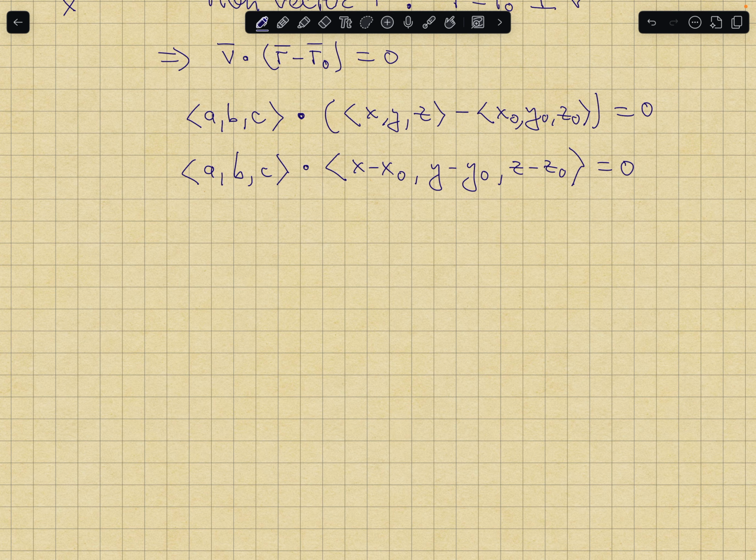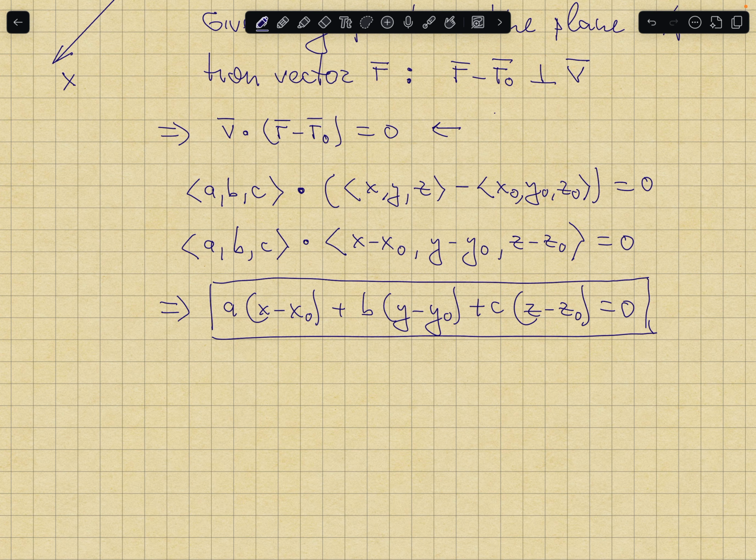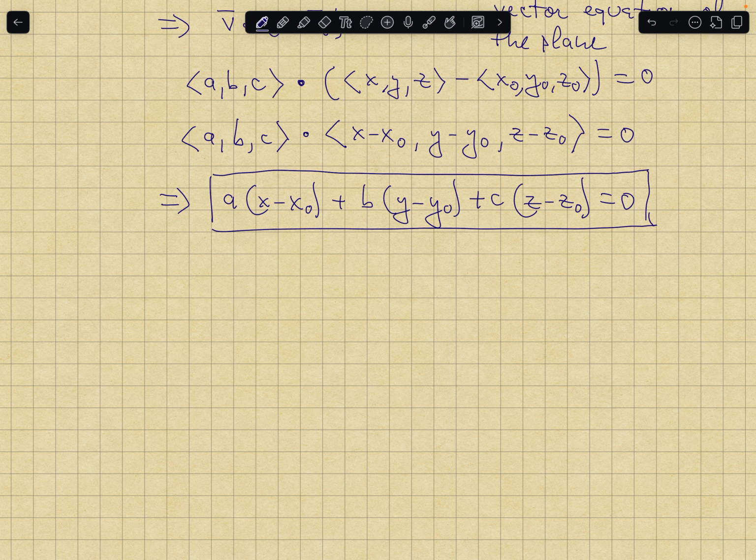And then, because the dot product is the sum of coordinate-wise products of elements of the two vectors involved in the dot product, it follows that A(x minus x0) plus B(y minus y0) plus C(z minus z0) equal to 0 would also be an equation of the plane, except that the first equation that I wrote is a vector equation of the plane, and the equation in the box is a scalar equation of the plane.